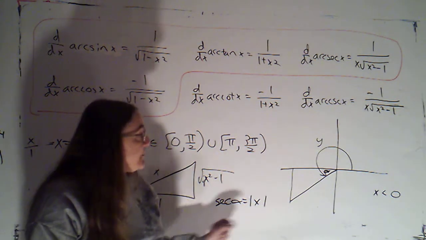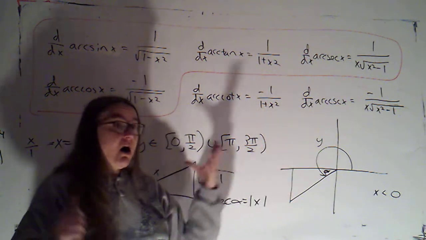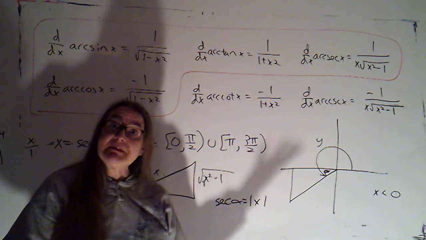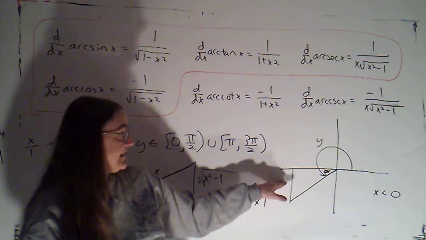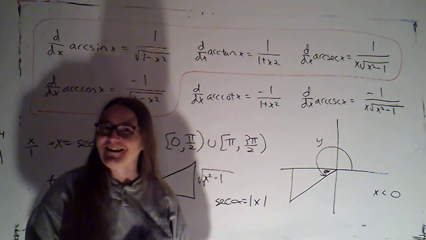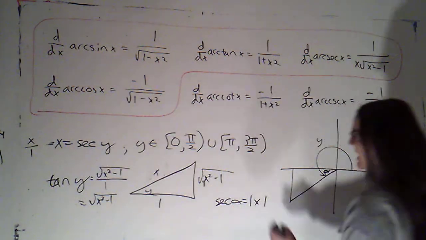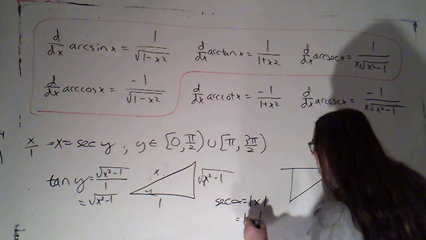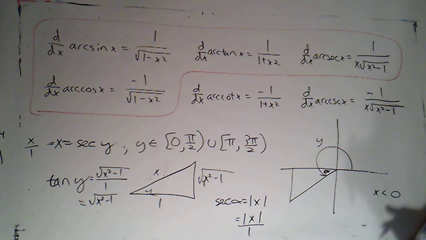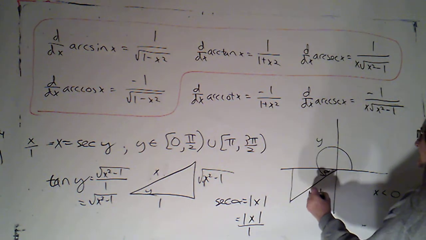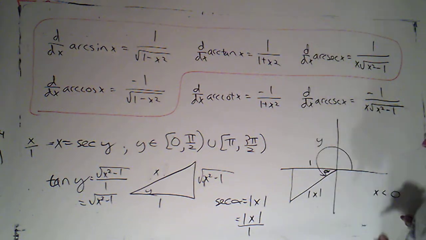Okay. But the reference angle always gives me the correct absolute value for my trig functions. I would just, if I'm taking secant of y, attach a negative sign to that absolute value. So I can say secant of alpha is the absolute value of x, which is the absolute value of x over 1. And then I can label my sides, absolute value of x and 1.